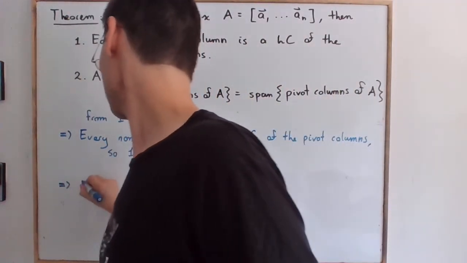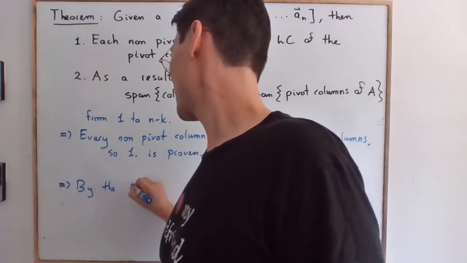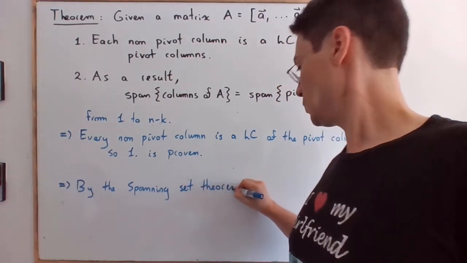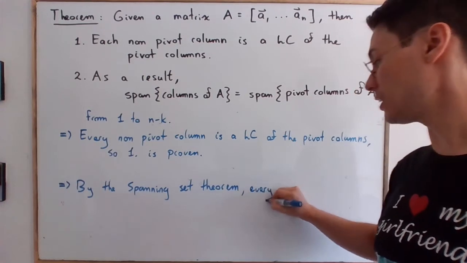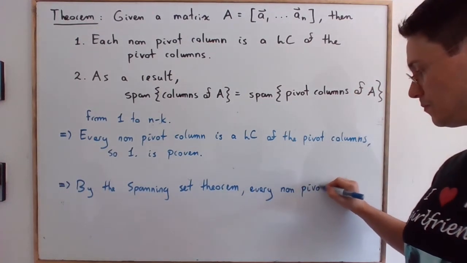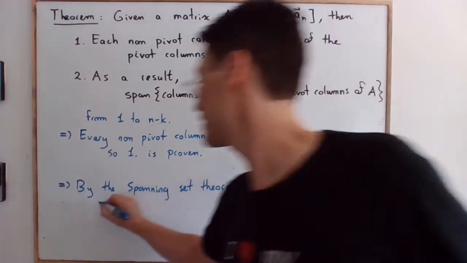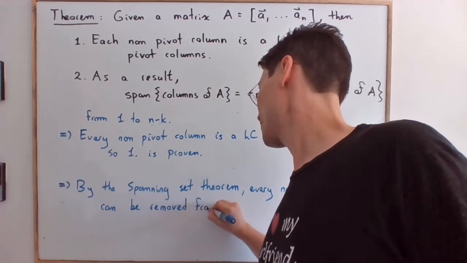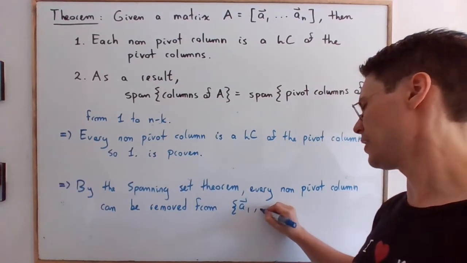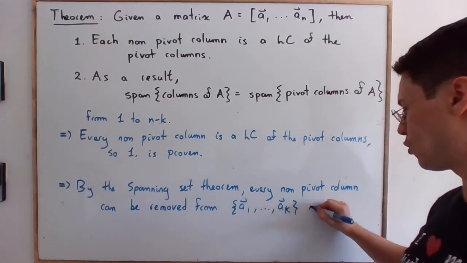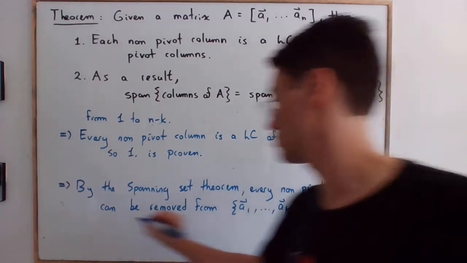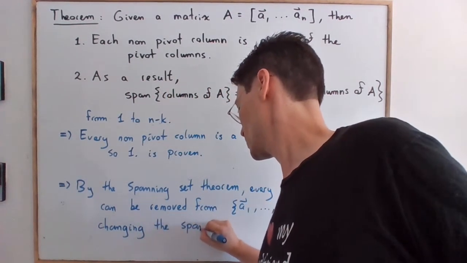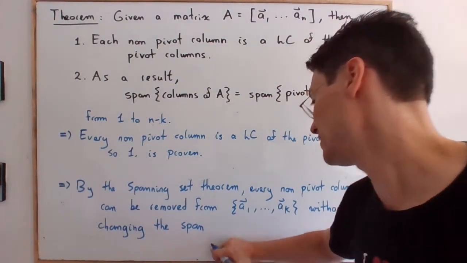So by the spanning set theorem, every non-pivot column can be removed from the set of all columns A1 to AN without changing the span. And as a result, this proves item number 2.